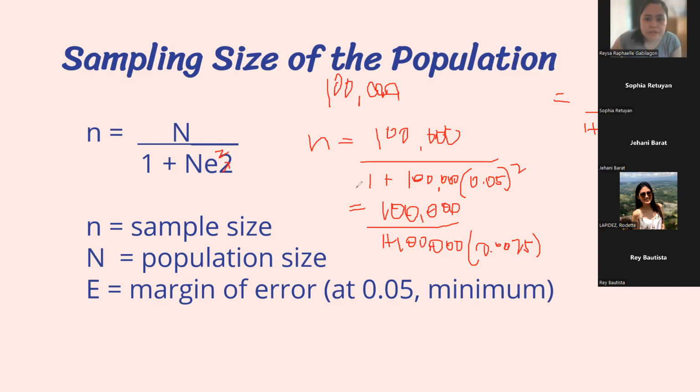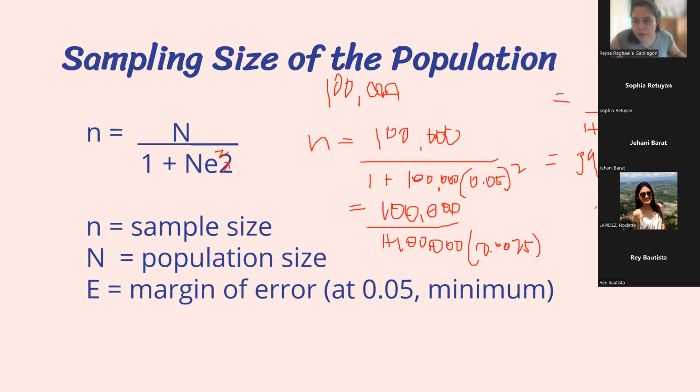Okay, again, sorry for the interruption, class. So, asan na yun? 100,000 na yun, divided by 251. So, pila na to siya? 100,000 divided by 251 is 398.4.